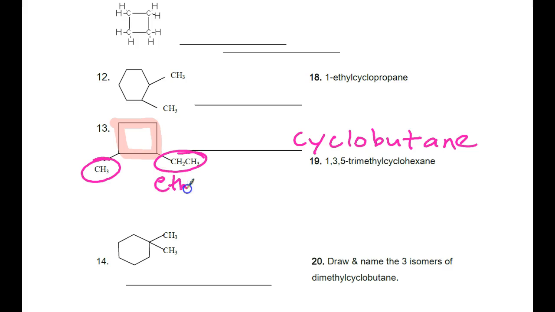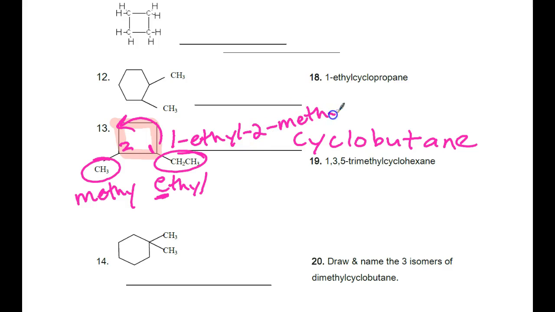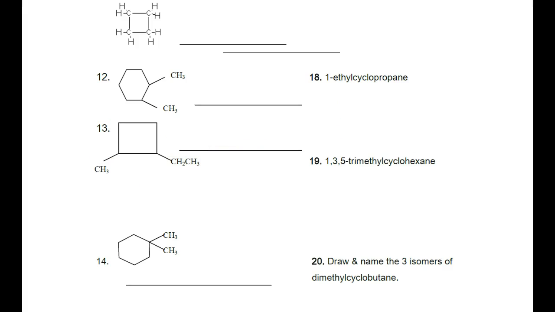That one's ethyl. That one's methyl. We have to alphabetize, so that one goes first. I would call that 1 and that 2. Make sure you put them in order. Don't start numbering the other way because you won't get the best numbers possible. So I'd call it 1-ethyl-2-methylcyclobutane.